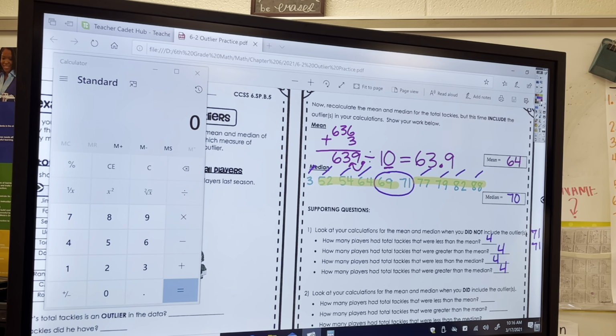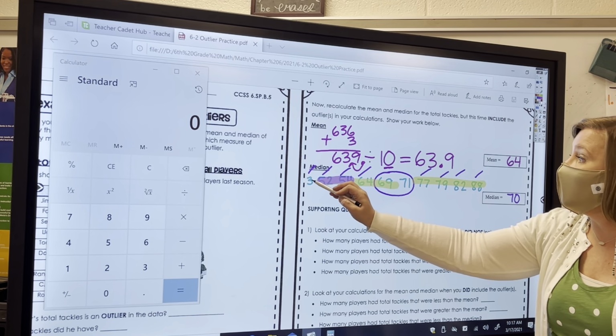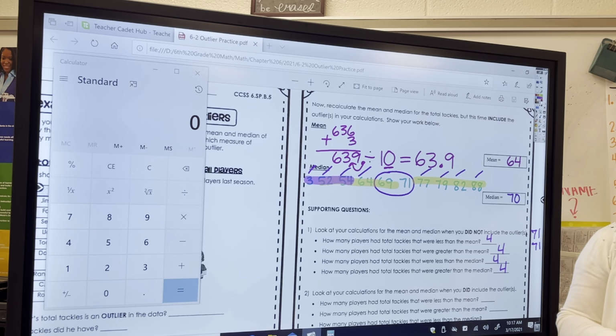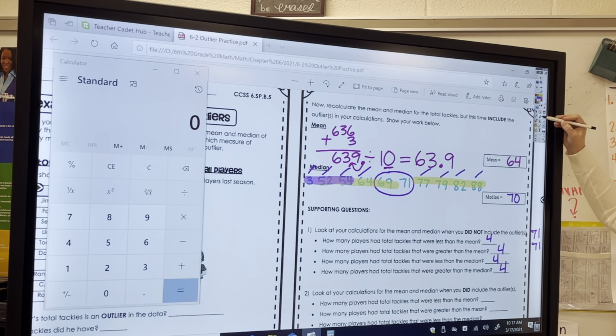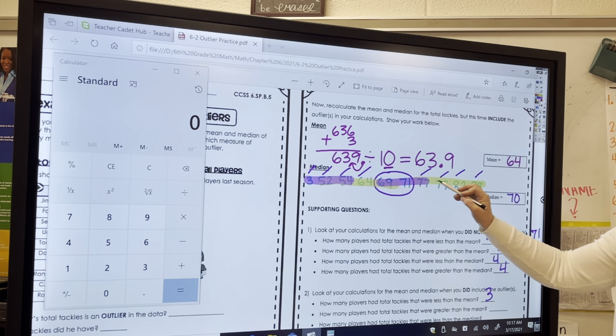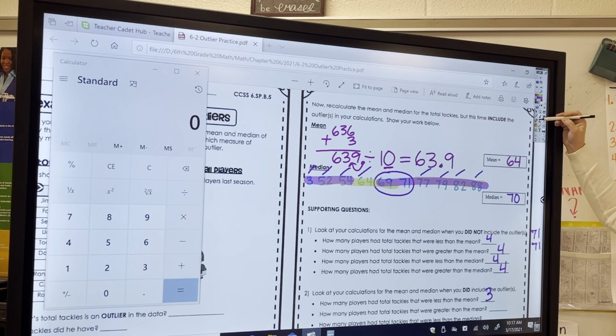So now, when we do include the outlier, when we include the number 3, our mean now is 64. So how many are less than 64 now? 3. How many are greater than 64? 6.